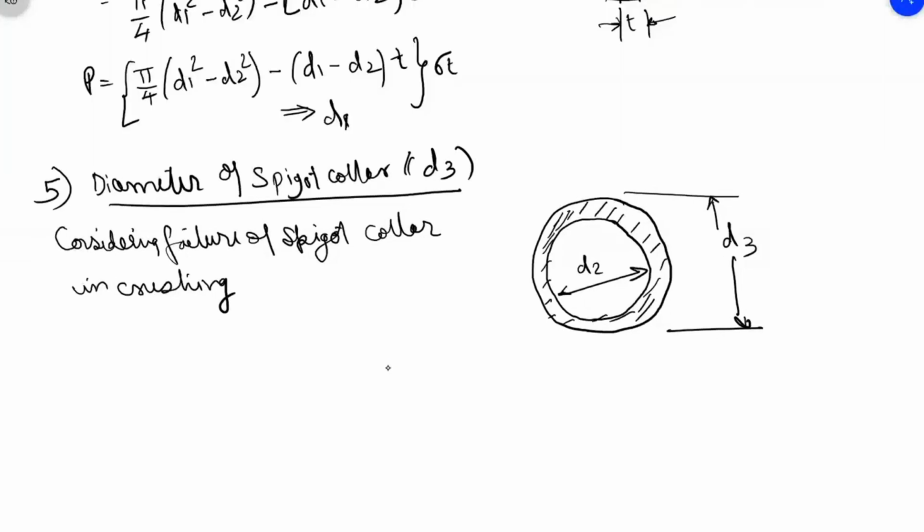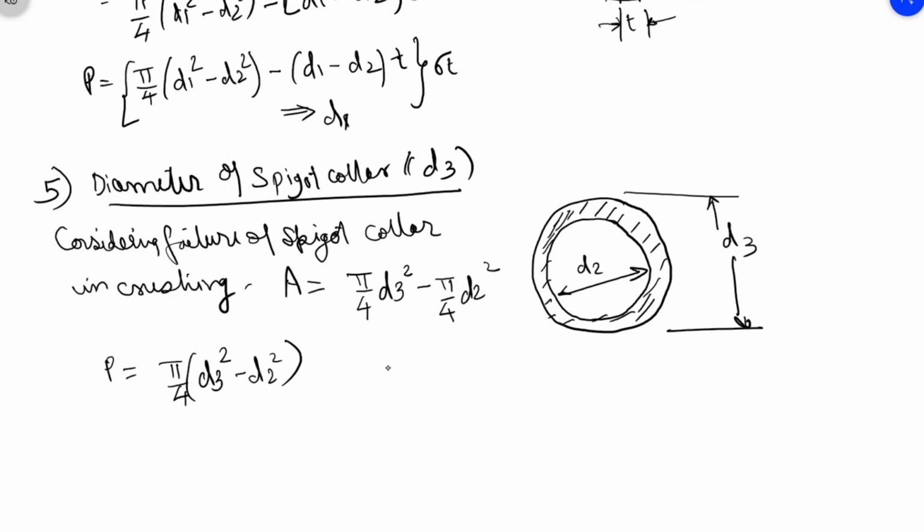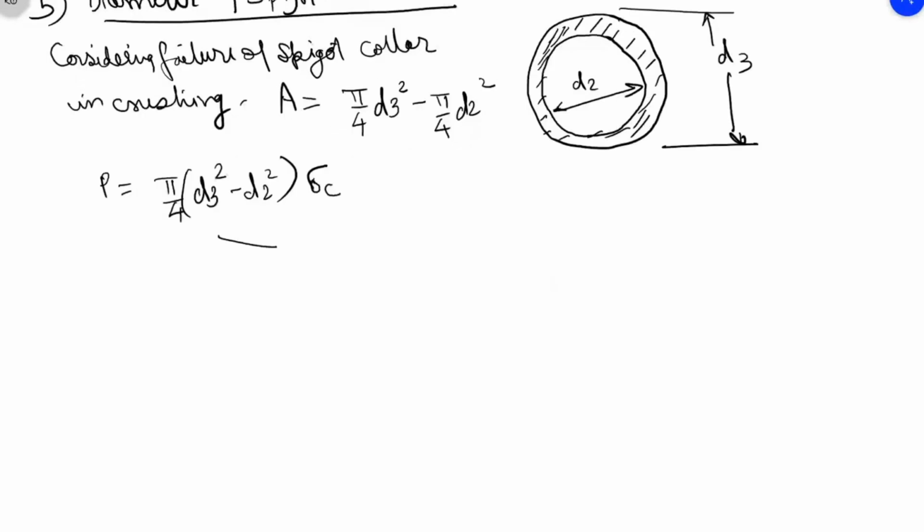And that's why I can say here area equal to pi by 4 d3 square minus pi by 4 d2 square, and I can write the formula P equal to pi by 4 into d3 square minus d2 square in bracket into sigma c. Here we will get the value of d3.